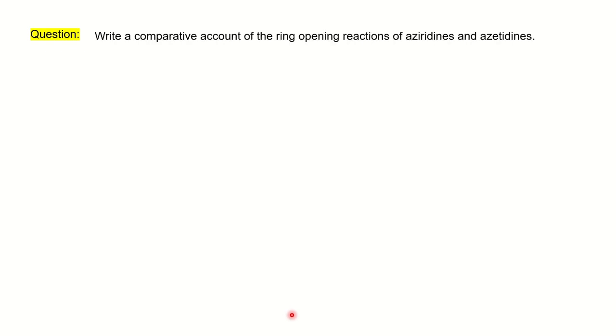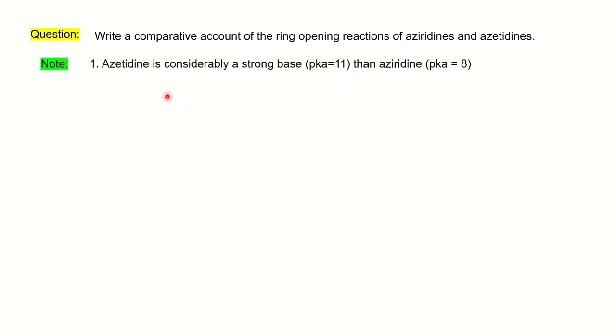One question they have asked once: write a comparative account of the ring opening reactions of aziridine and azetidine. So especially they are asking for ring opening reactions, we have to compare. First, azetidine is considerably a strong base, you can notice here pKa 11. Then aziridine, whose pKa is 8, which is with respect to the ring strain.